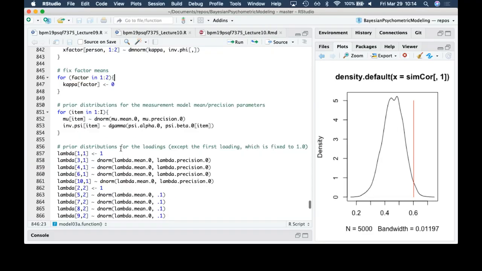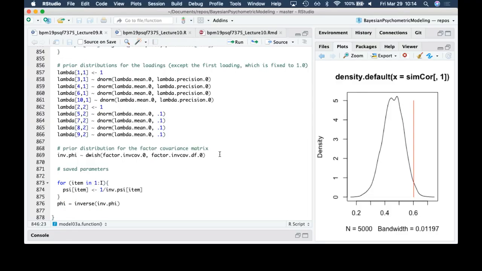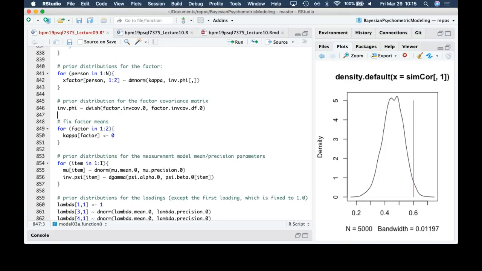And the factor covariance matrix, I should have put this closer to the other statement, turns out to be inverse Wishart. So let me put this closer to that covariance term. Basically, fix the factor means to 0, but this says estimate the inverse covariance matrix of factors.